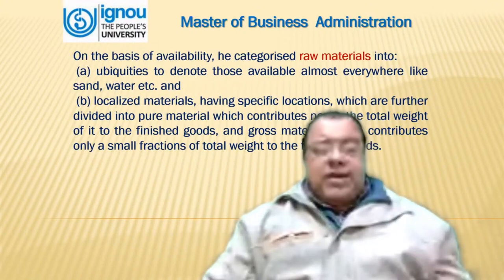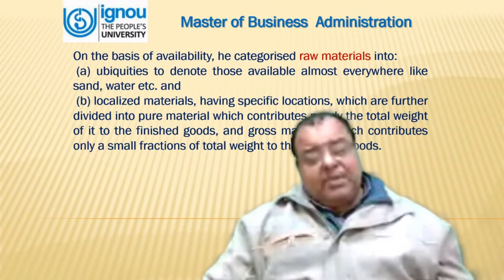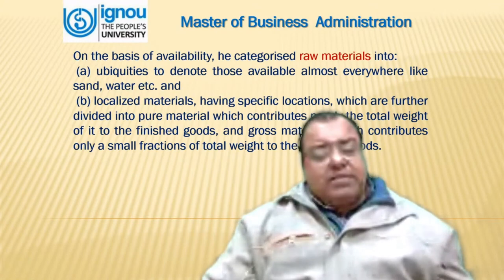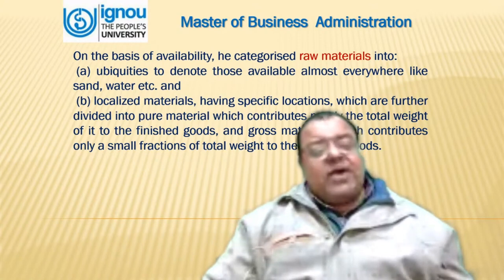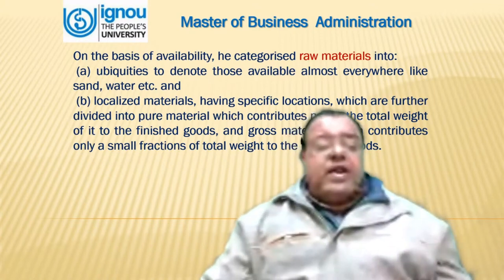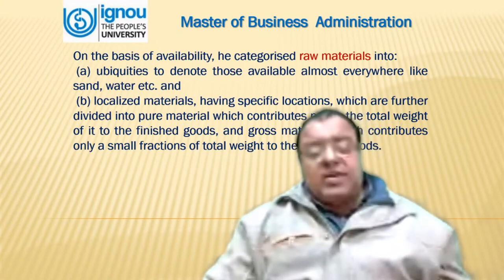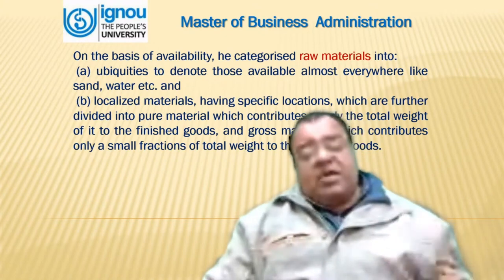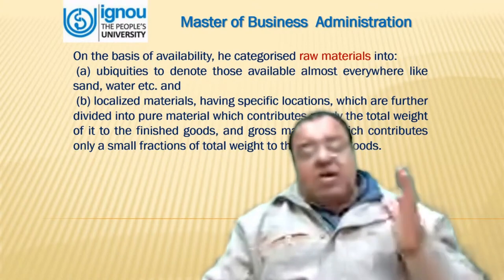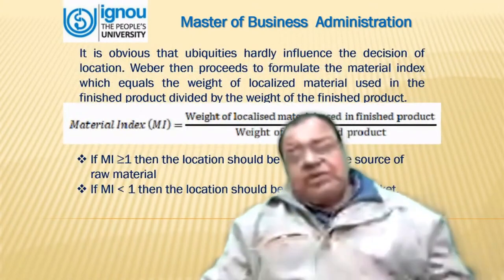On the basis of availability, he categorized raw material into ubiquities, to denote those available almost everywhere, like sand, water, etc., and localized materials having specific locations, which are further divided into pure materials, which contribute nearly the total weight of it to the finished goods, and gross materials, which contribute only a small fraction of total weight to the finished goods.